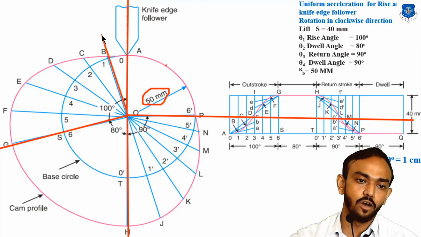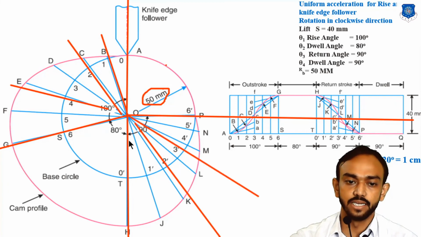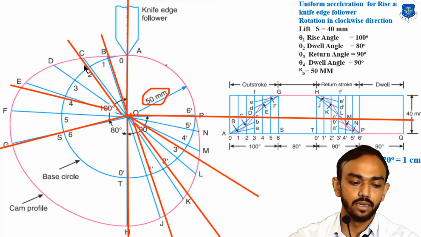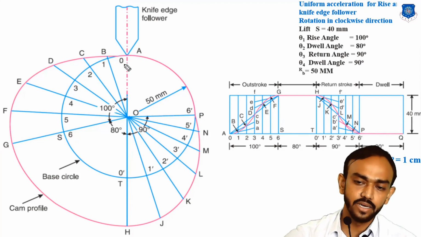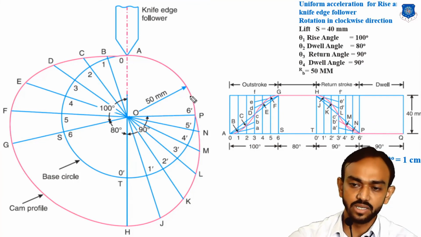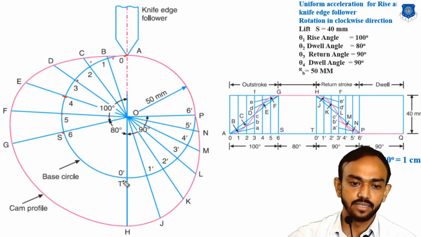Make 6 parts of this rise and 6 parts of this return, and give the numbers. Numbering is very important in this chapter. If you make perfect numbering, the chances of mistakes are very low here. Okay, 0, 1, 2, 3, then these points will be 4, 5 and 6. Same as 0 dash, 1 dash, 2 dash, 3 dash, 4 dash, 5 dash, 6 dash.